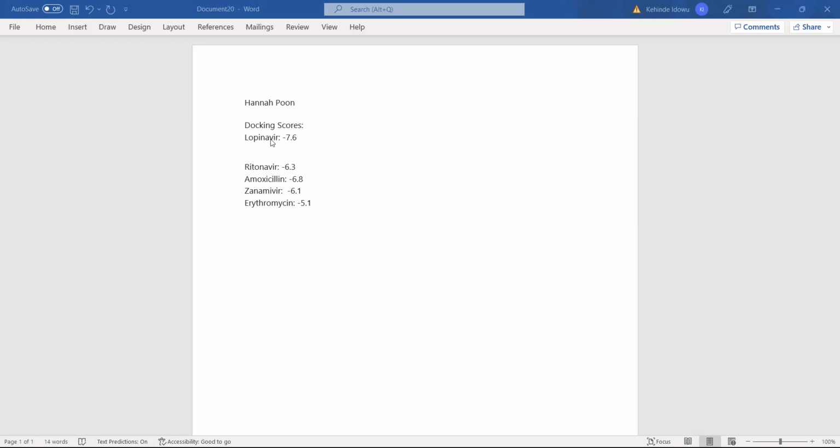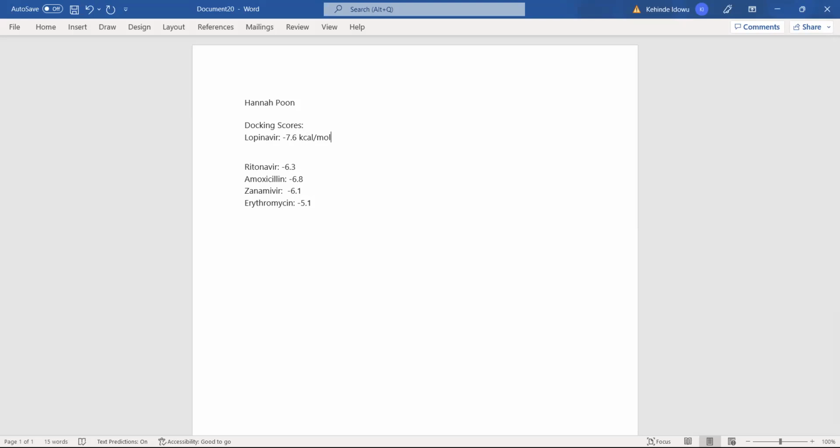In this case, lopinavir is our reference. These are the drugs we are testing. So lopinavir gave us a docking score of minus 7.86 kilocal per mole. Always put the unit. It's science, right? Always put the unit. That's the unit for docking score, right?